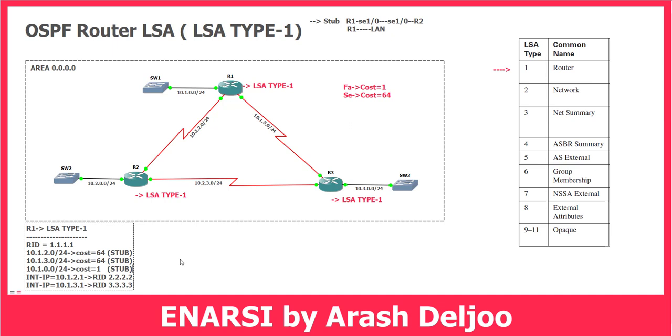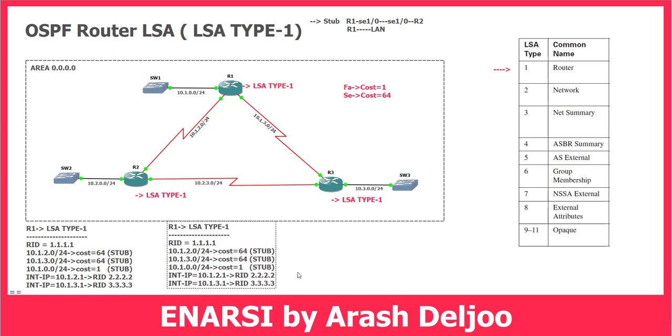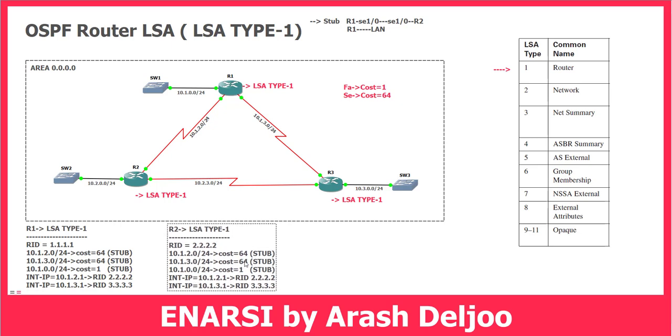Let me talk about router 2's LSA type 1. I'm sure that you can expect the LSA type 1 of router 2. For example, in the router 2 LSA type 1, we have this information. My RID is quad 2. I am connected to 10.120/24 with the cost of 64, and this is a stub network.